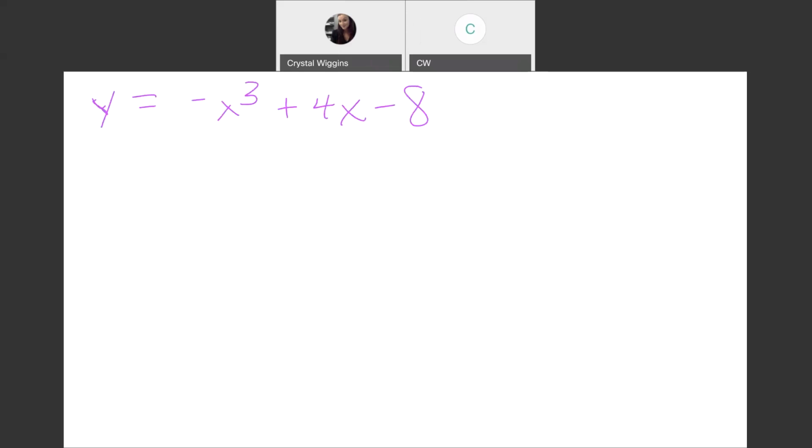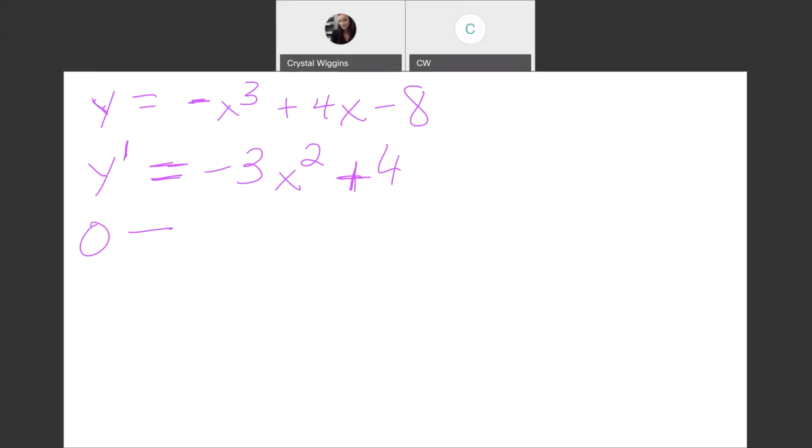Our derivative is y prime equals negative 3x squared plus 4. Remember, the derivative of a constant is 0, so the negative 8 goes away. So knowing our derivative, our next step is to set it equal to 0 and solve for x in order to find all of our critical values.